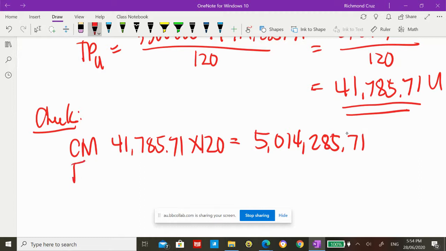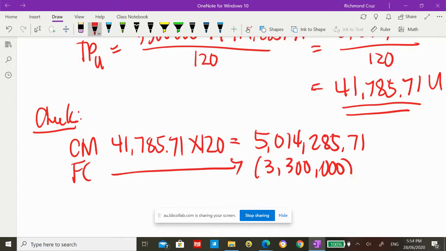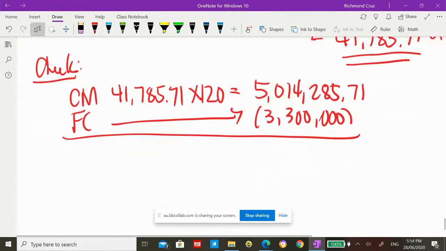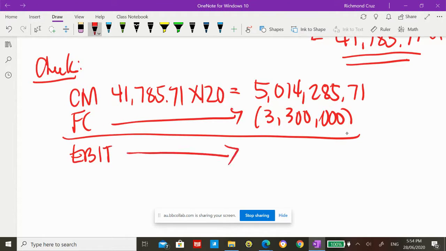5,014,285.71. I have a fixed cost of 3,300,000. So, this is my EBIT or before-tax income, since there is no interest expense. Minus 3,300,000, this is 1,714,285.71.